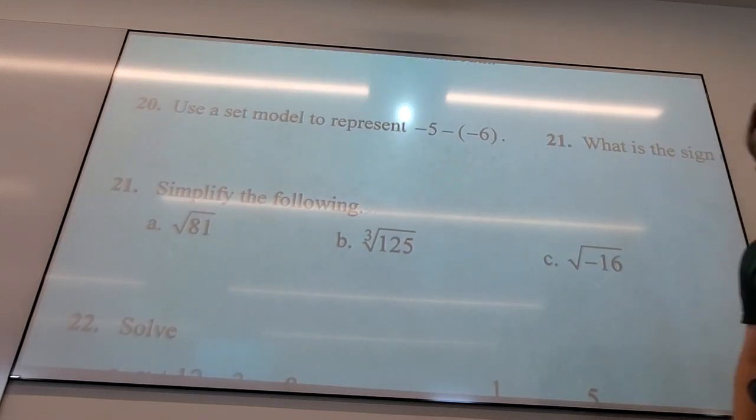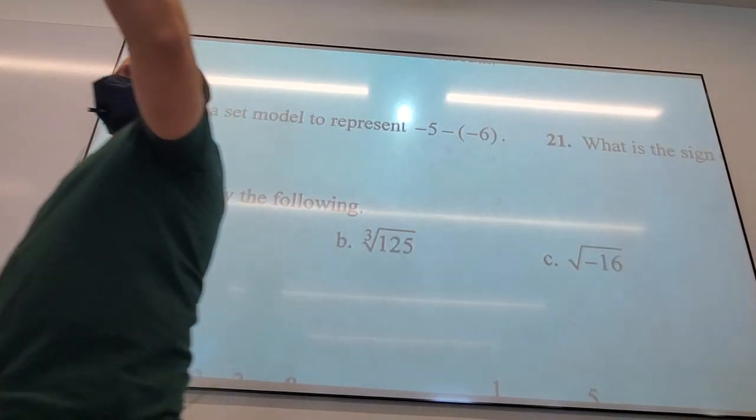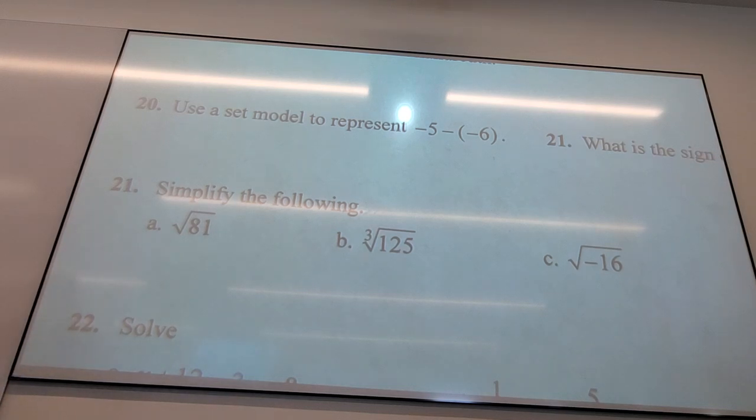So what is that physically telling you to do? Put down 5 reds and take away 6 reds. You with me? So you would draw a picture.